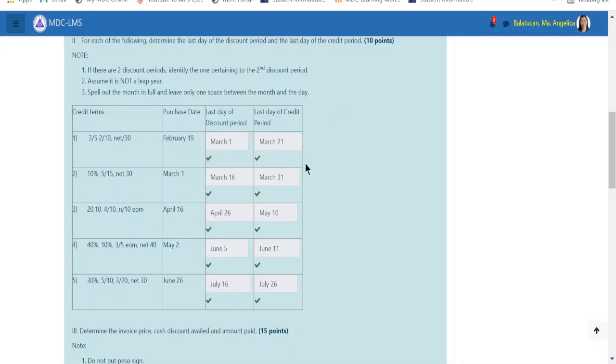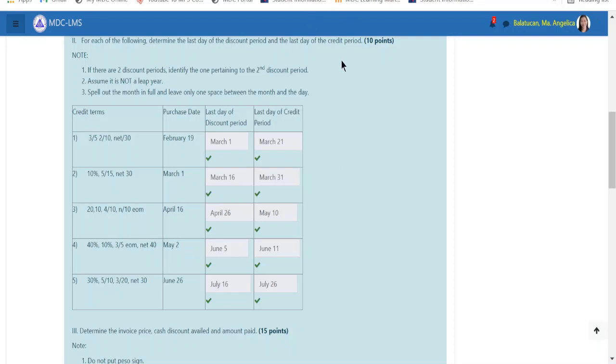Okay? And then last day of credit period, we have 19 plus 30, that's 49. And then 49 minus 28 days in February, so you will get March 21. Okay, next is number 2.